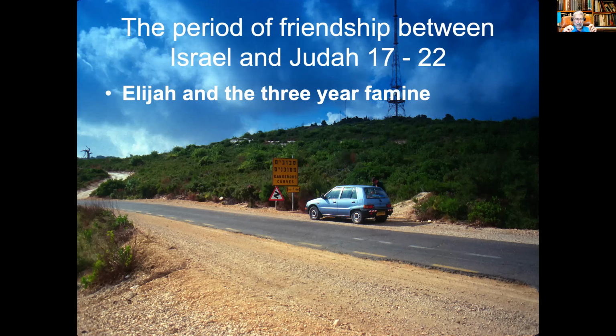Elijah predicts a drought. Now, why does that make a difference? This is the first in a series of predictions or miraculous events that end up being an attack on the central tenets of the religion of Baal.